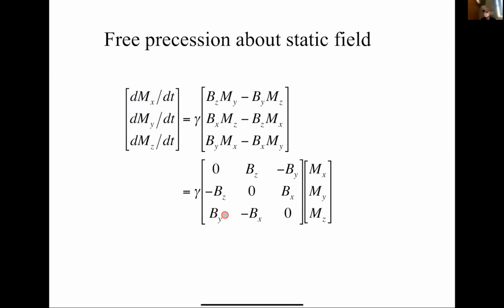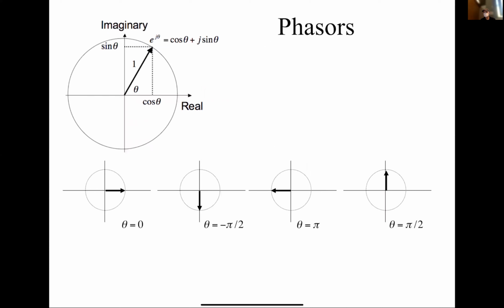Before we do that, I want to review a little bit about phasors. Dr. McVeigh talked about this a little bit, but phasors are super important for MR. If you understand phasors, you'll understand MR, and if you don't, MR is going to be really difficult. Up to now, maybe phasors are just some abstract concept, but in MR, phasors are physical quantities.